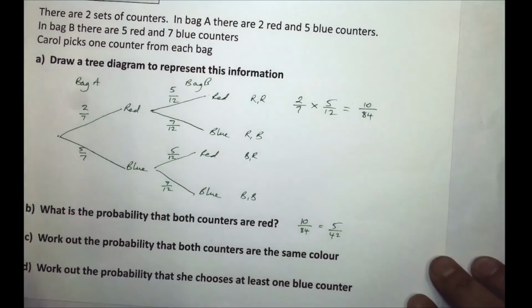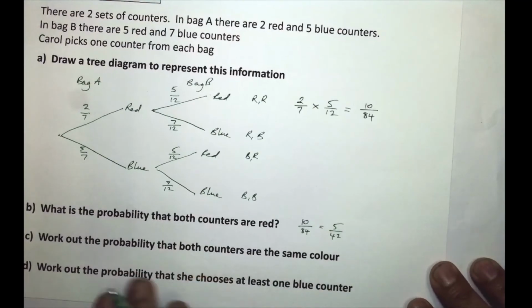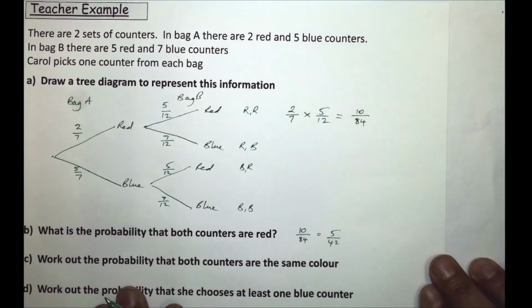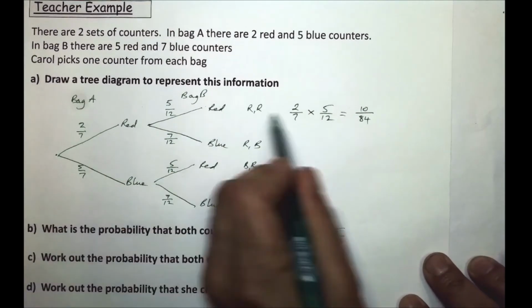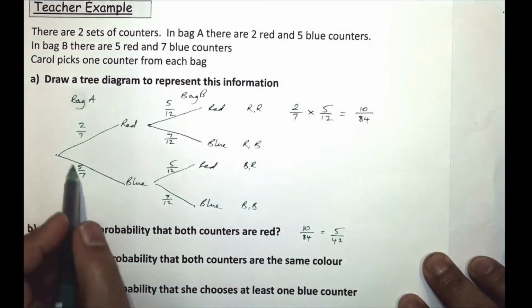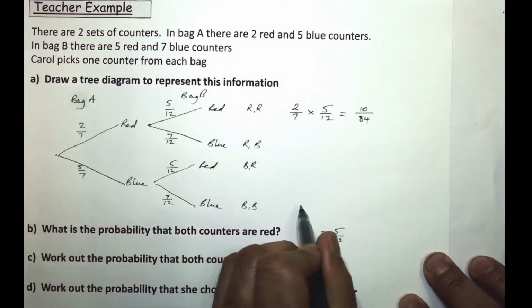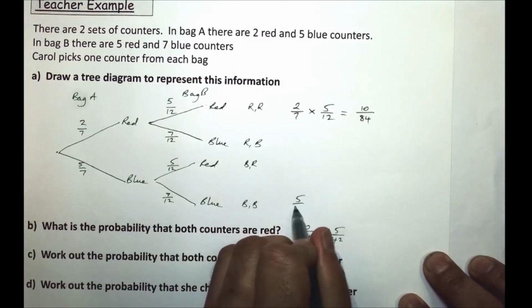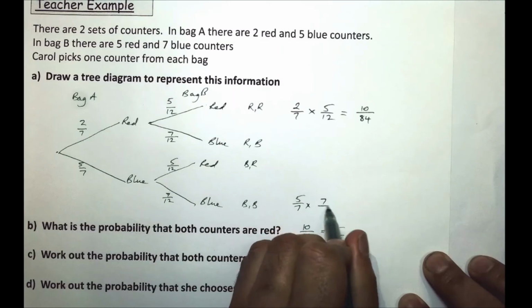For the second part, work out the probability that both counters are the same color. So that will give me either red, which we've got already, which is 10 out of 84, or it'll be blue. So the blue will give me 5 over 7 times 7 over 12.